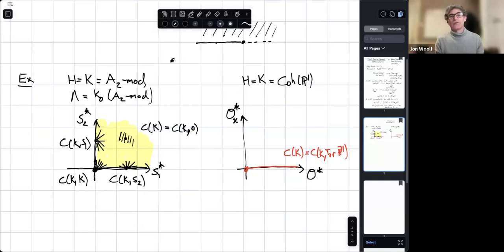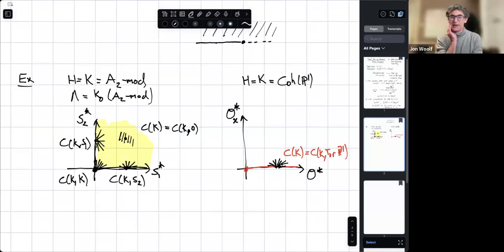Okay, and also if we're looking now for the tangent cone, things look a little bit weird. So the tangent cone is all stuff which is positive on these skyscrapers. So again, it's actually a half space. So it doesn't really look like a tangent cone to this cone.